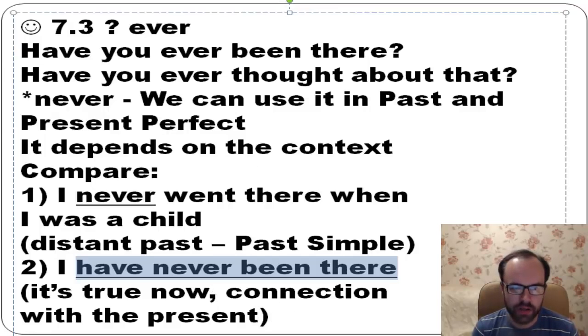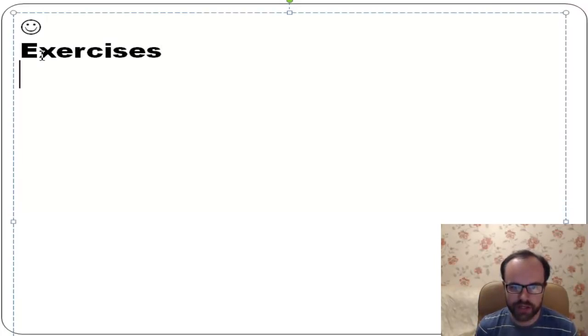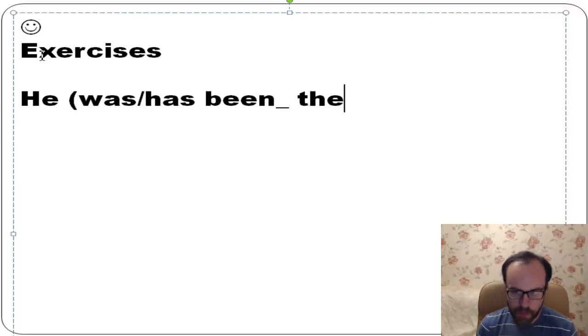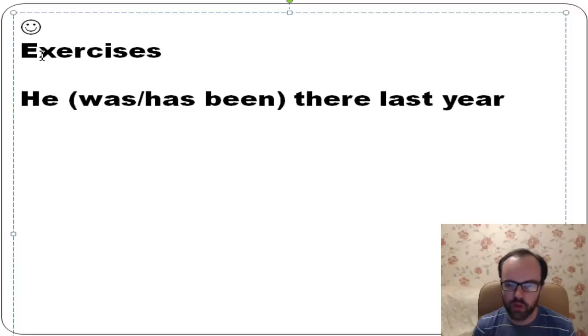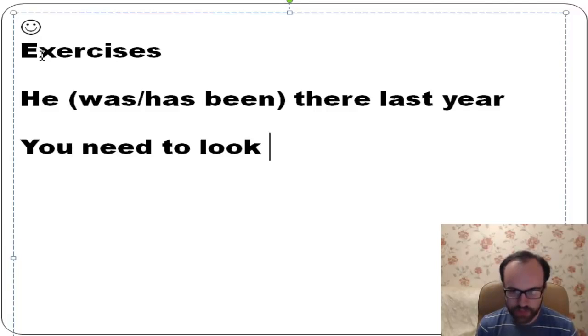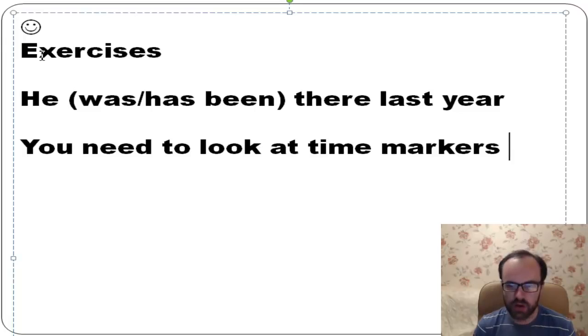Good. So very good. Okay, and now you need to do some exercises. So he was or he has been there last year. So was or has been. You need to look at time markers.